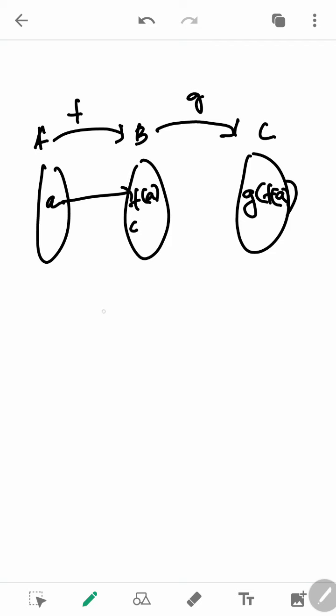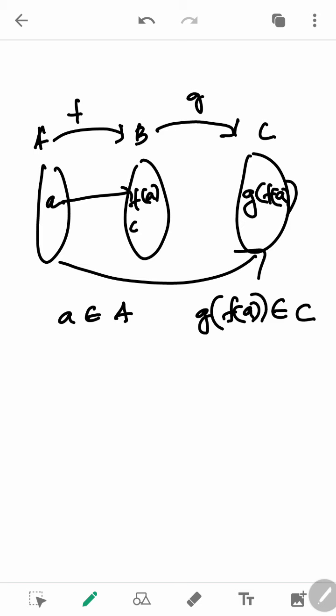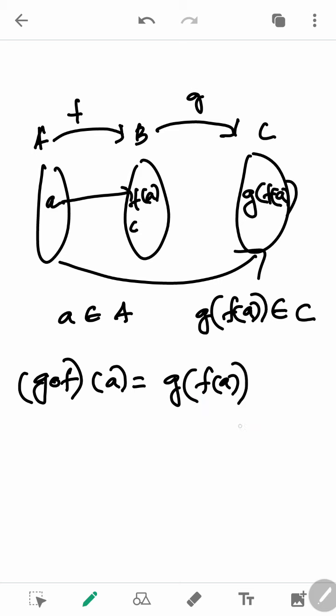That means when we start with a belongs to A, g of f of a belongs to C. That is from A to C. G composition f, this is the notation, will be given as g of f of a for all a belongs to A. Then how can we define g composition f?